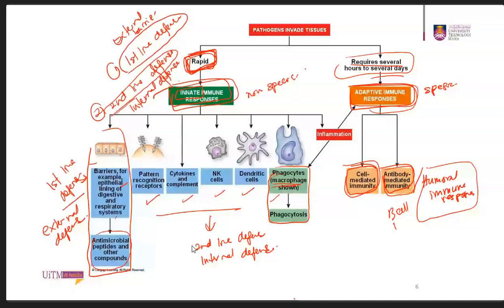And then kita tengok dia punya whole explanation: NK, dendritic cells, cytokines and complement system. So ini kita akan tengok explanation dia a bit more later. We are just going to go through the overview of the immunity of animal. So slide dia, just tunggu dia tukar sekejap.